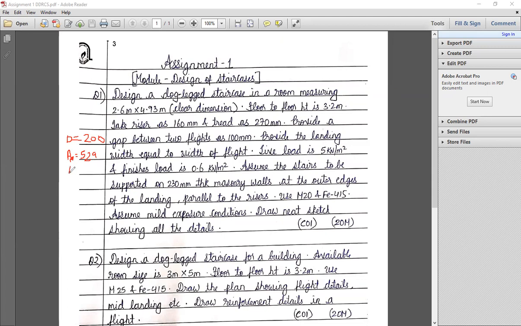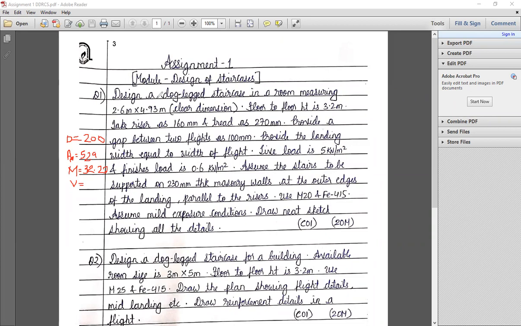So bending moment is 32.27 kilonewton meter. 32.27. And shear force, yes, others, what about others?